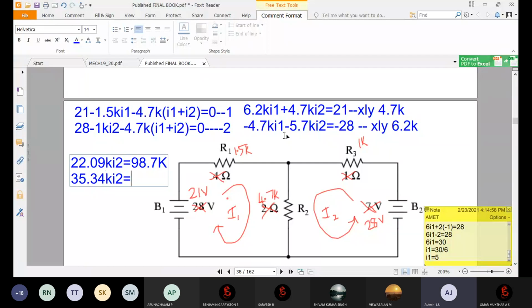So how much is this one? 6,200, 173.6. Yes, sir, 173.6k. And now the minus, I am taking the minus, this cancels. This should be minus, right? Yes, sir, minus.